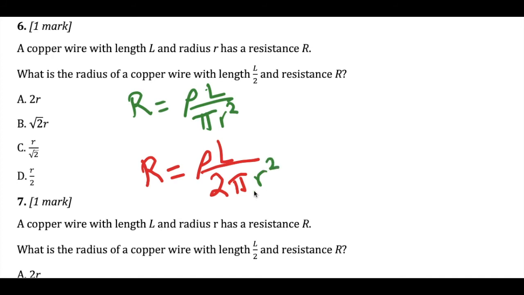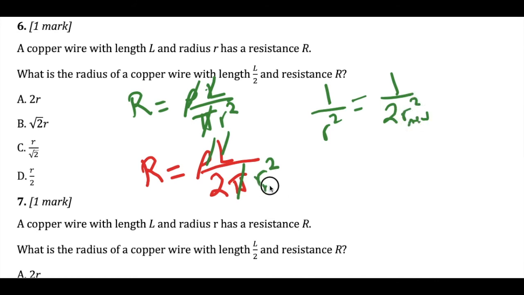Now, to relate this into that, let's get rid of the common stuff. And since this is also equal to R, I can set these equal to each other. 1 over r squared is equal to 1 over 2 new r squared. Let's say that is new r. r squared over 2 is the new r squared. So let's take a square root. We end up with that. So our answer is C.